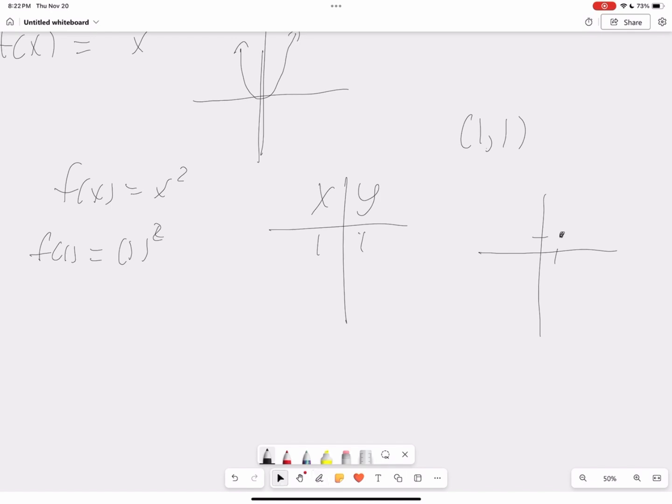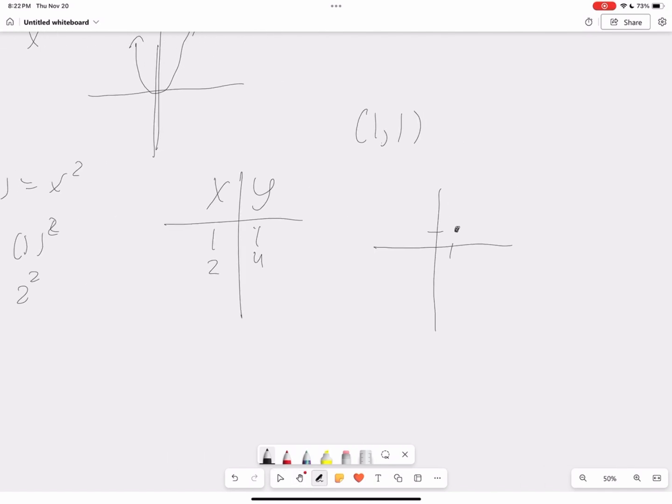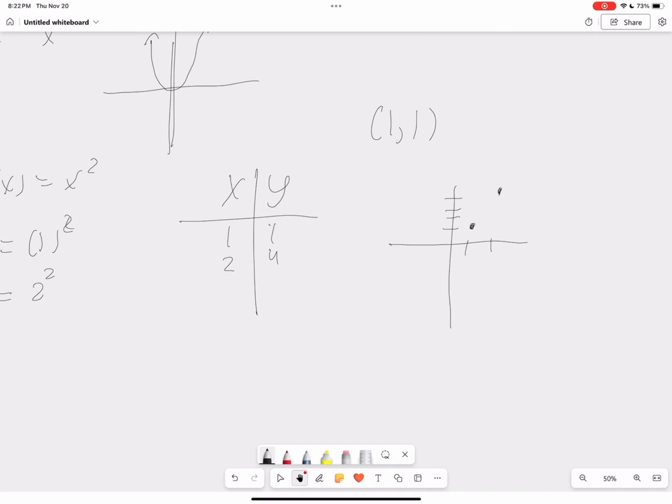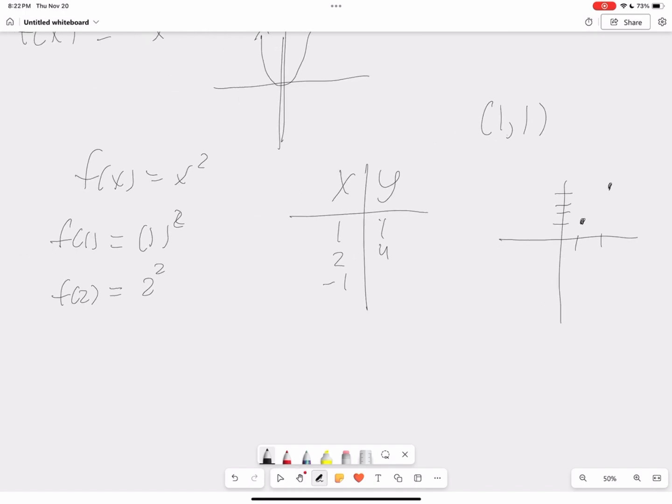Let's plug in a 2. f of 2 equals 2 squared. So we plug in a 2, we get a 4. 2, 3, 4. Let's try a negative 1. f of negative 1 equals negative 1 squared.